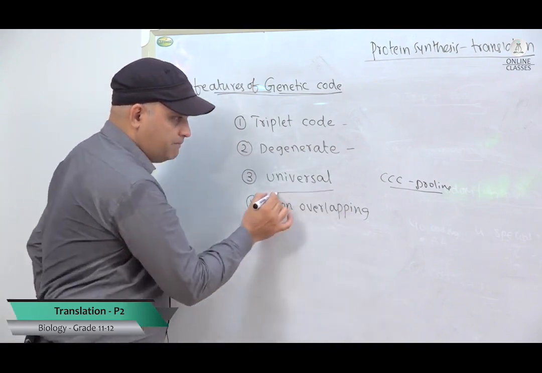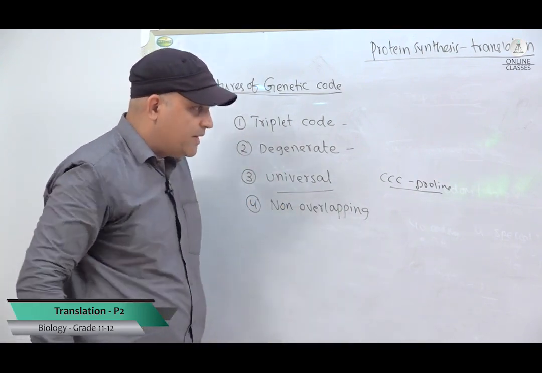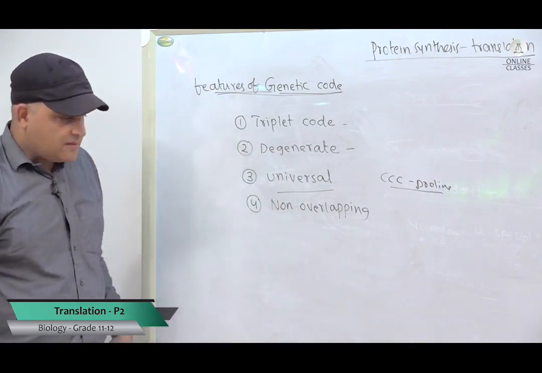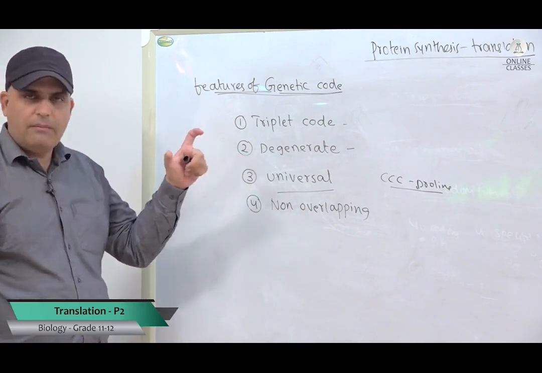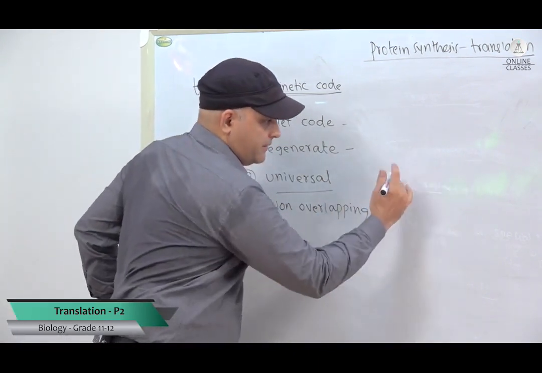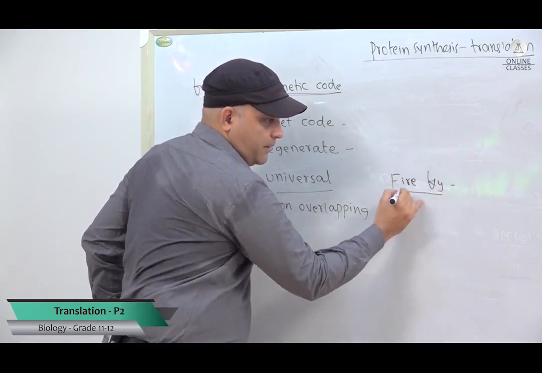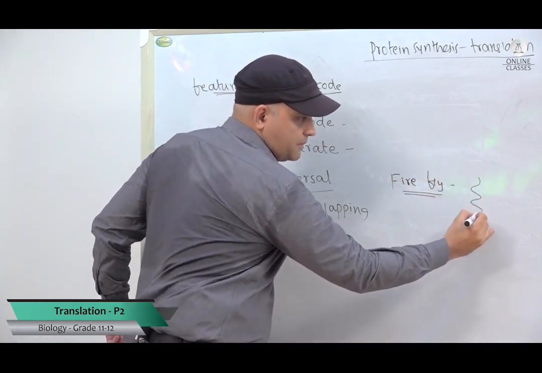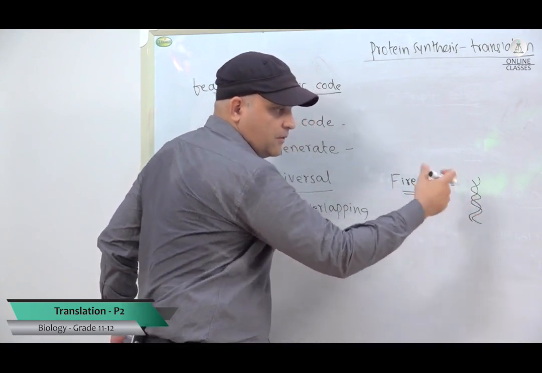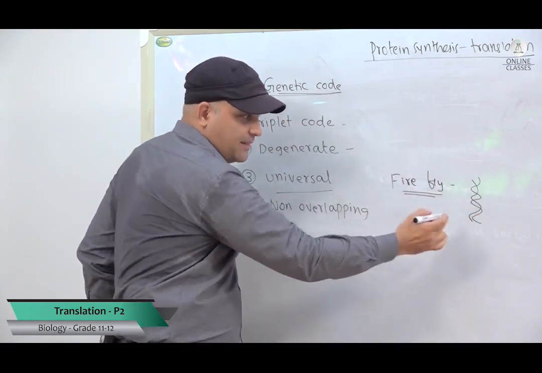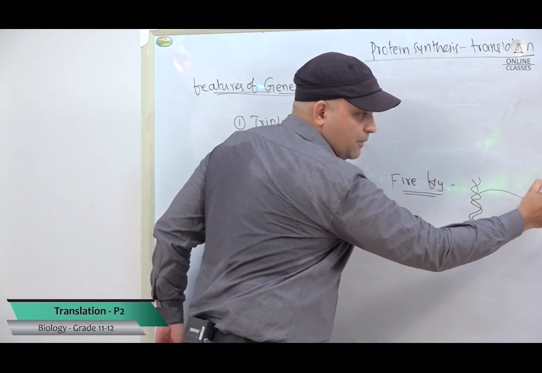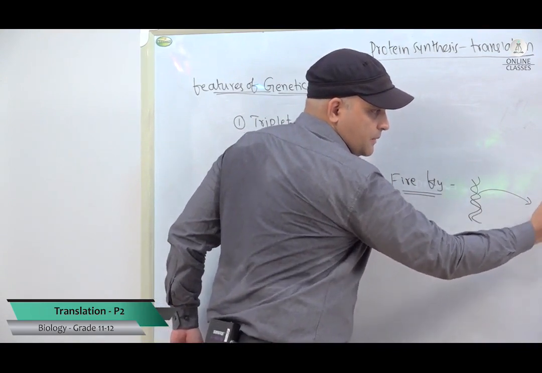Let's talk about one very interesting example where scientists took the gene from a firefly, which helps to make the fire. The gene was taken out from a firefly, which is an insect, and they inserted it into a plant. Which plant?